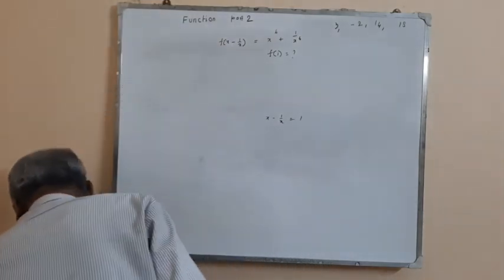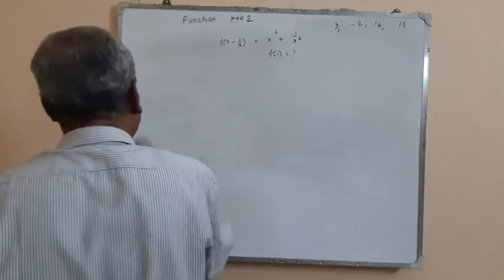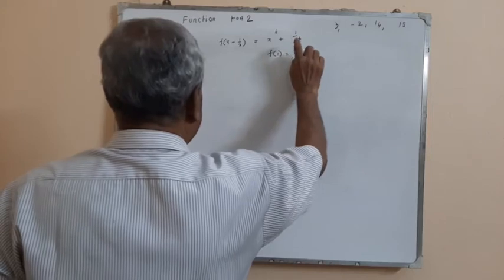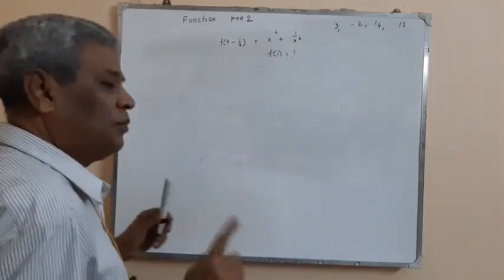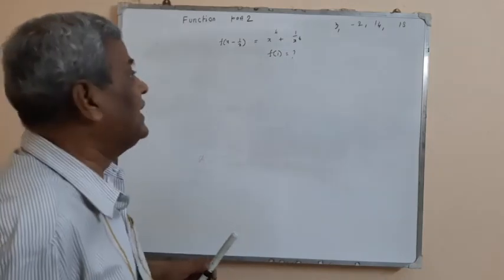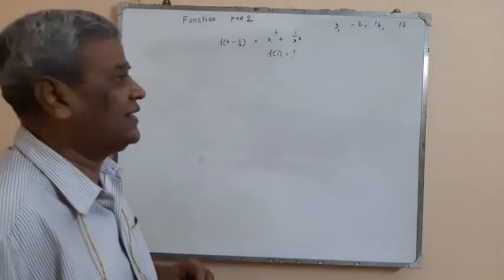A better option is to express this function in terms of x minus 1 by x. Then putting x minus 1 by x equal to 1, we get the answer.